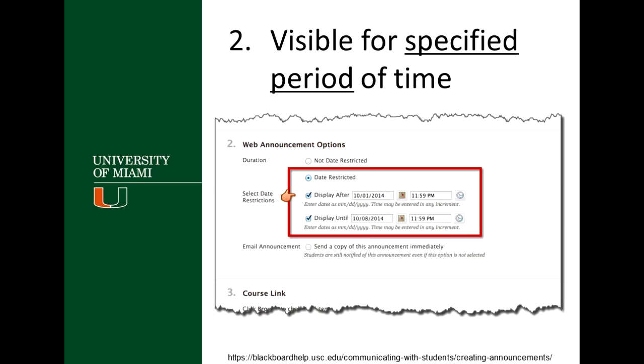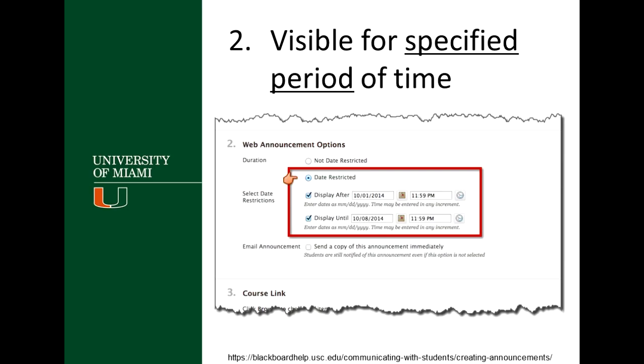That's the start. That's when it will be displayed to the students. You check the display until box and provide a date and time, and that's when it will be hidden from the students.